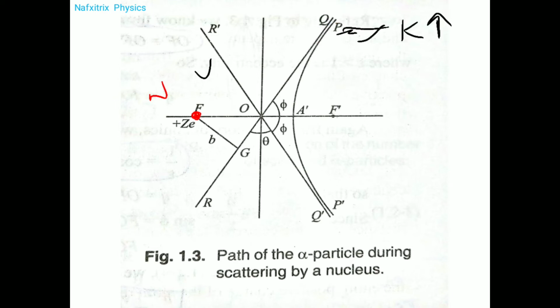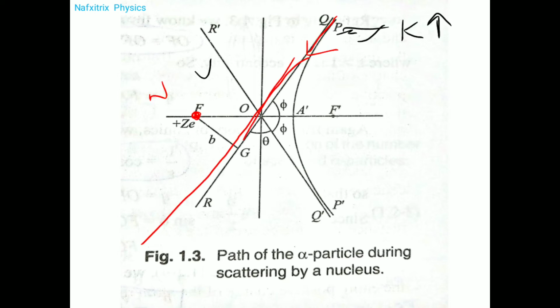Suppose the alpha particle is coming in this direction. If the nucleus did not exert any repulsive force on this alpha particle, it would go in a straight line like this.